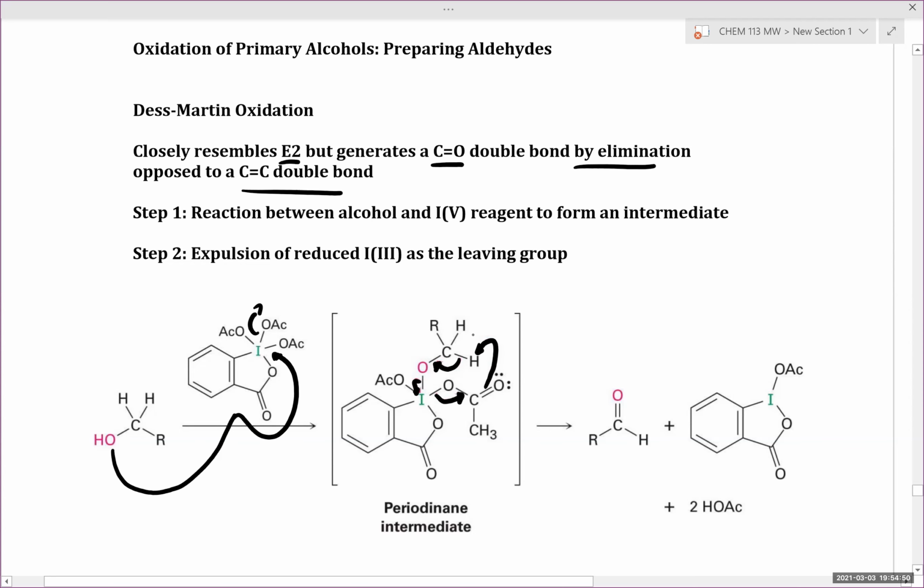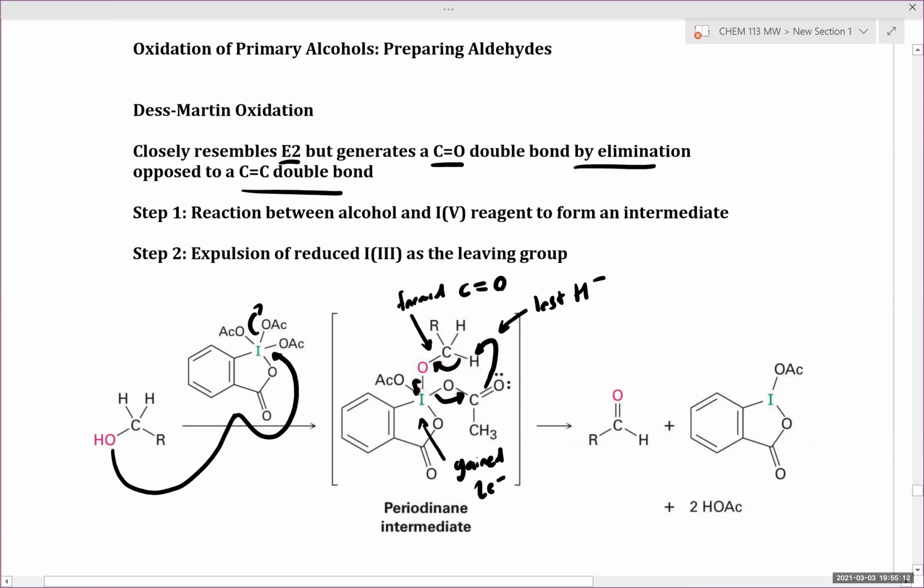So as part of this concerted process, let's think about what we've done. First, we've formed a carbon-oxygen double bond. We have lost an equivalent of hydride. Our iodine has gained 2 electrons.